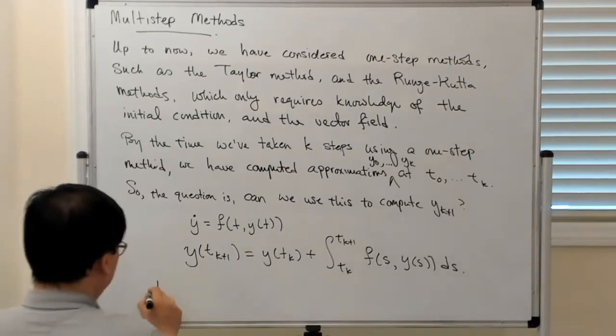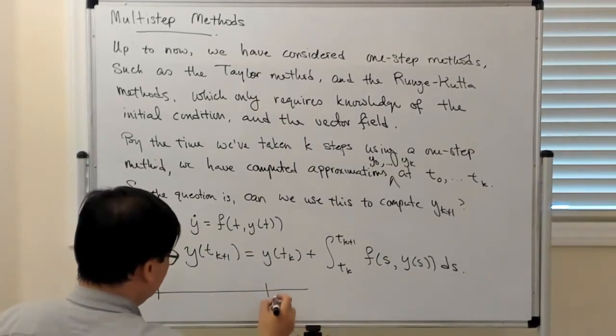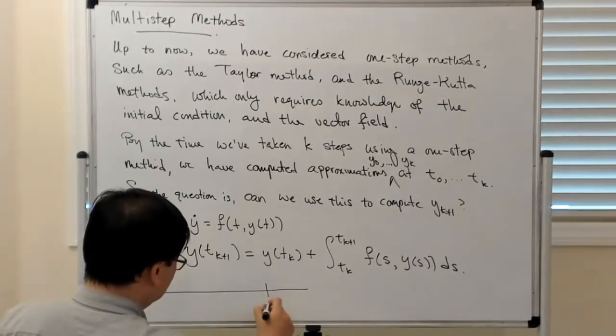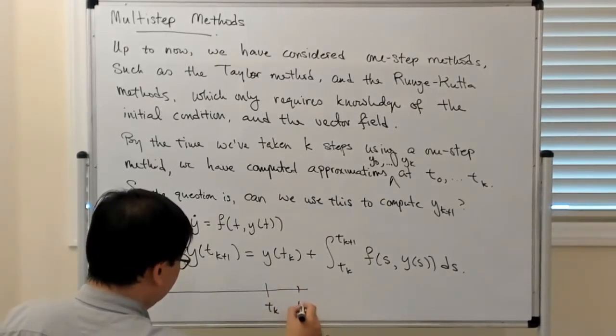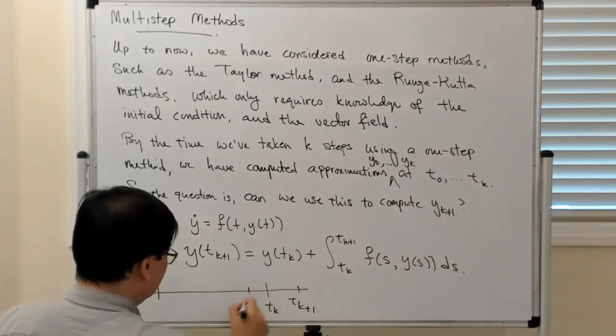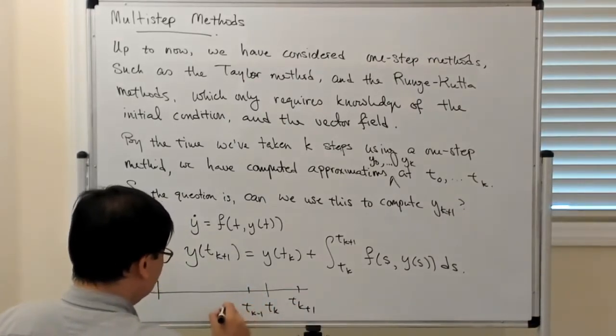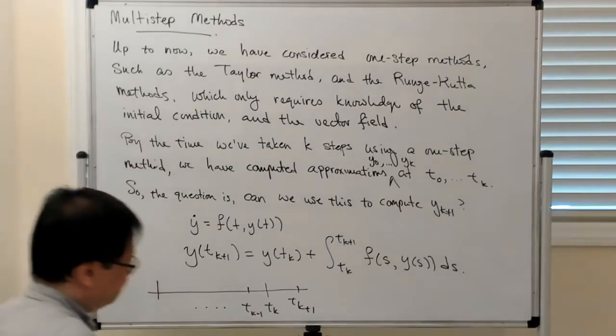Let's think about what's happening here. We know y at time tk, and we want to figure out what it is at time tk plus 1, at tk minus 1, and so on.